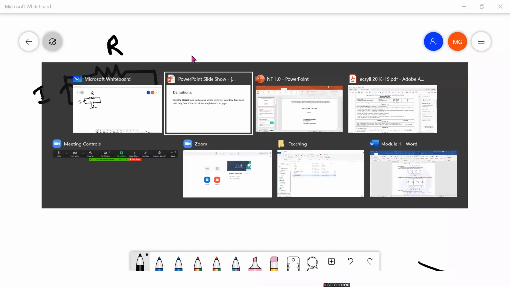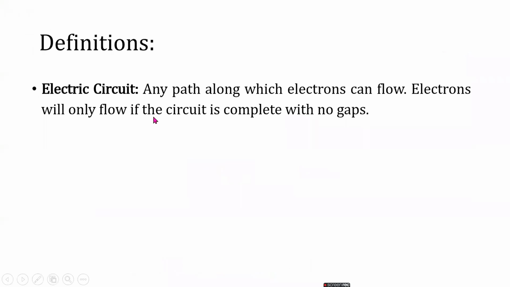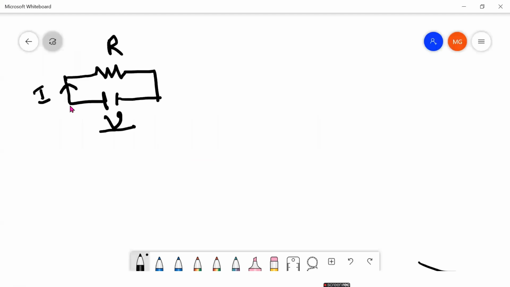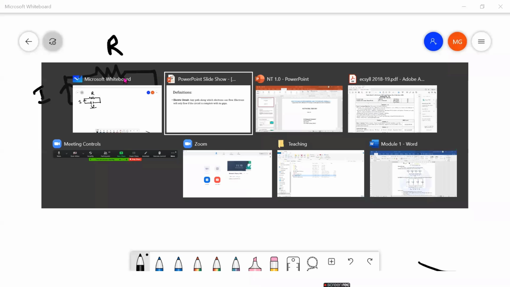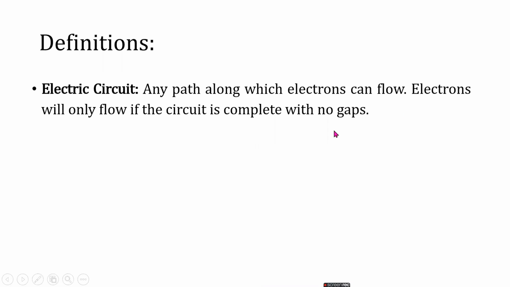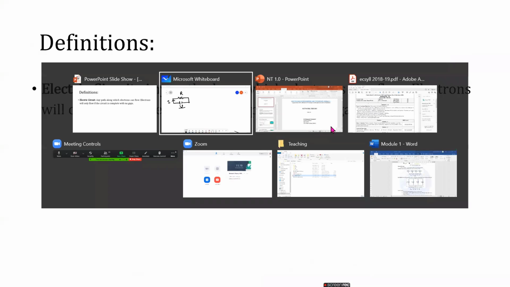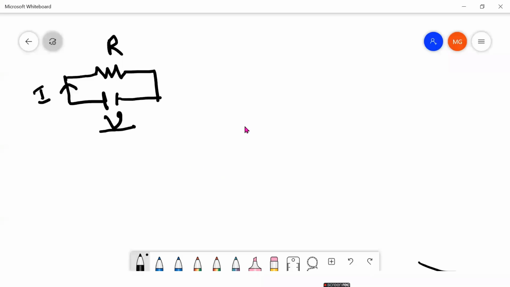So we can observe the definition here: any path along which electrons can flow. Here this is the path where electrons, that is nothing but current, can flow. And we find no gaps. I will tell you what you mean by a gap here. So I will draw one more circuit here.